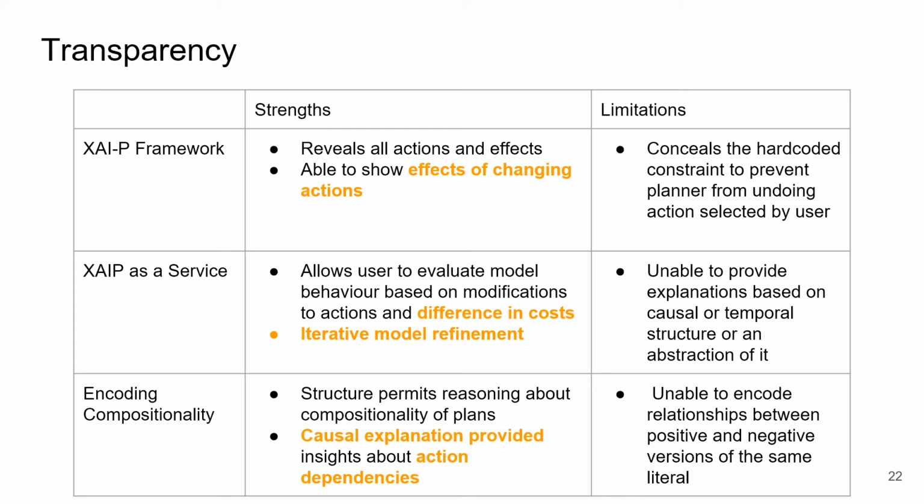The placement of the rectangles and strings relay a temporal progression, read from top to bottom, which allows the user to sense the use of literals as the plan progresses. This can lead to insights about action dependencies. However, the string diagram approach is unable to encode relationships between positive and negative versions of the same literal, which will pose some limitations for the user to fully understand the model.